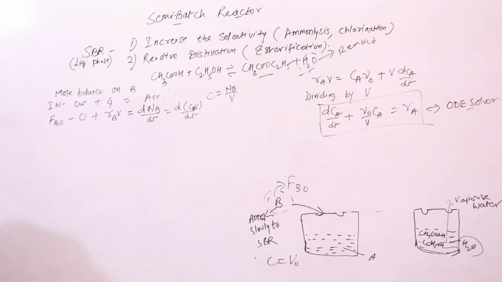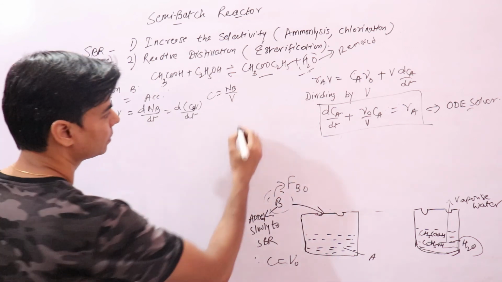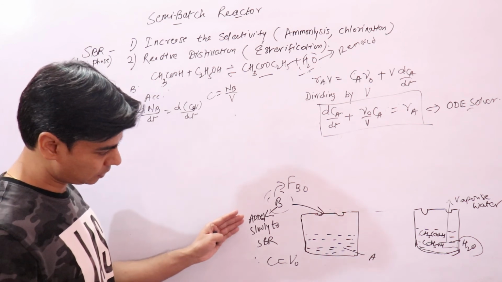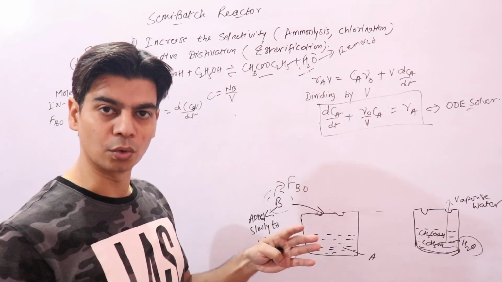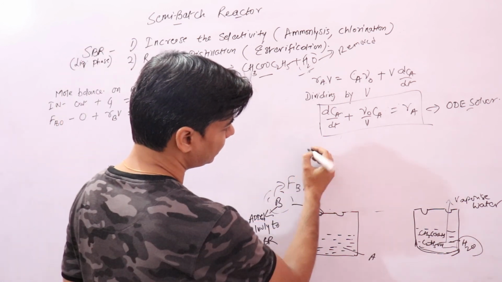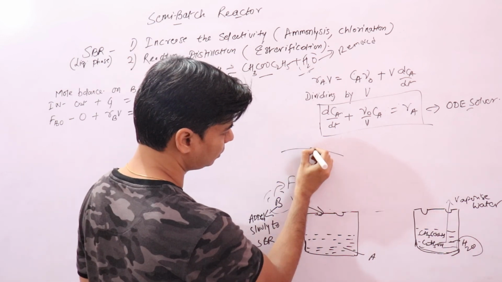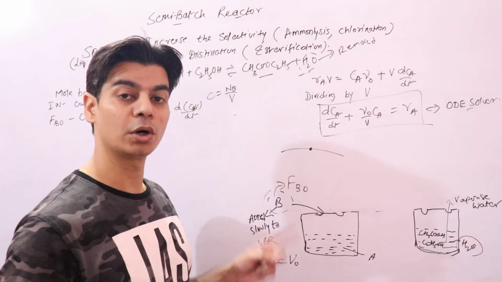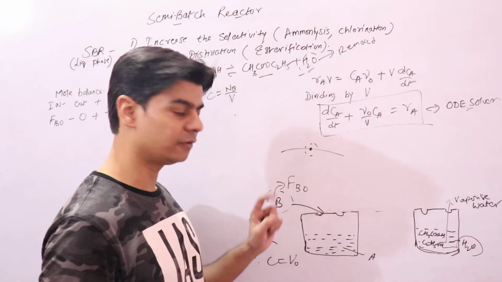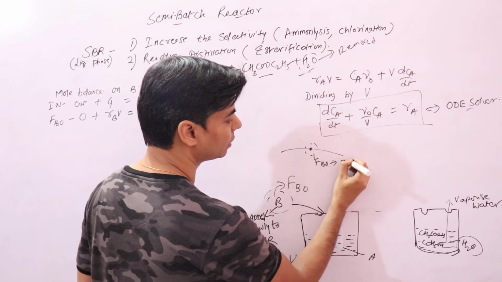And this is your molar flow rate. Since the system is in flow, we have done this earlier also, we take it as molar flow rate. If this is your flow rate at this point, how many moles are passing at this point? This is your FB, molar flow rate.